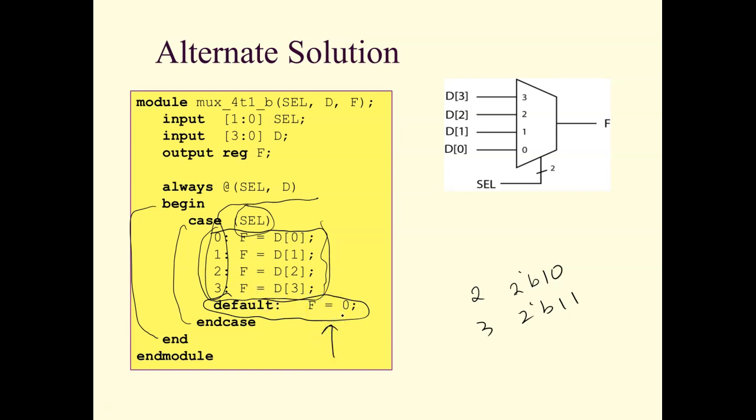It should never get to the default because we've completely specified. We've provided a case clause for each of the possible inputs, so it shouldn't actually get there. If I specify every single input, I don't need a default case. I like putting the default case in there simply because it's modeling a multiplexer. A multiplexer is a combinatorial circuit, which typically needs to have a catch-all. So I like putting a catch-all in there.